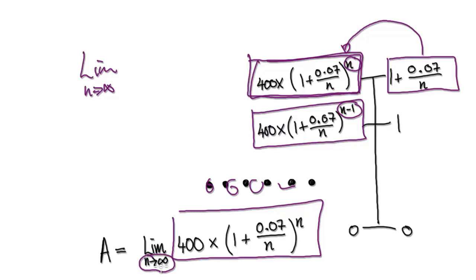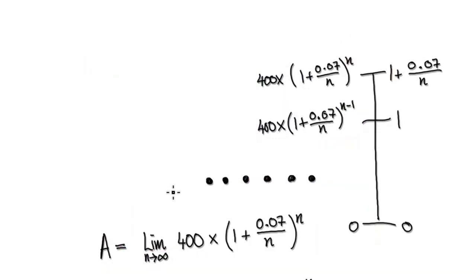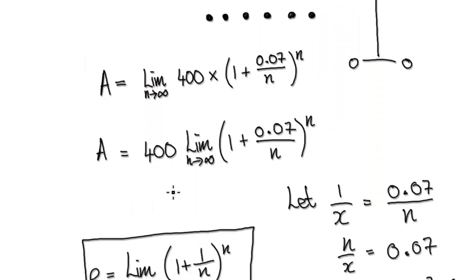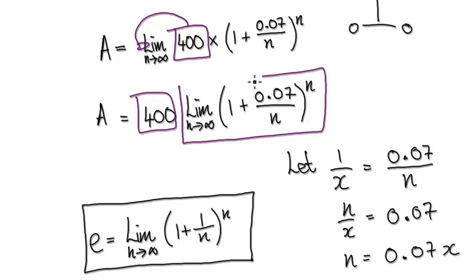So our total amount in the bank is given by this thing here. So remember, when you take the limit of a constant, it doesn't change, so you're able to take it out here. So that will then give us this block multiplying with this block here.